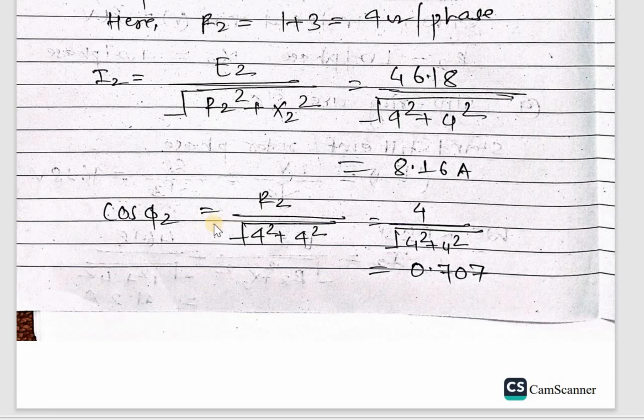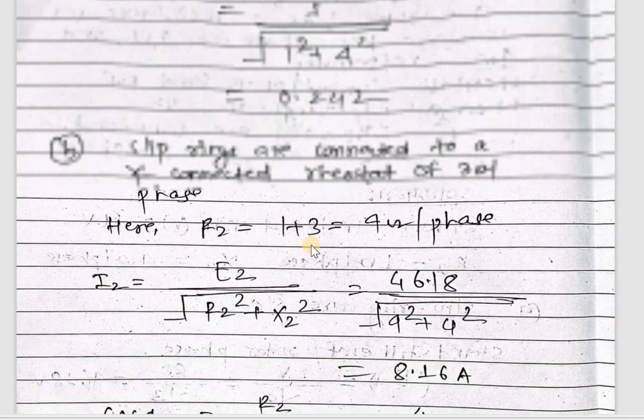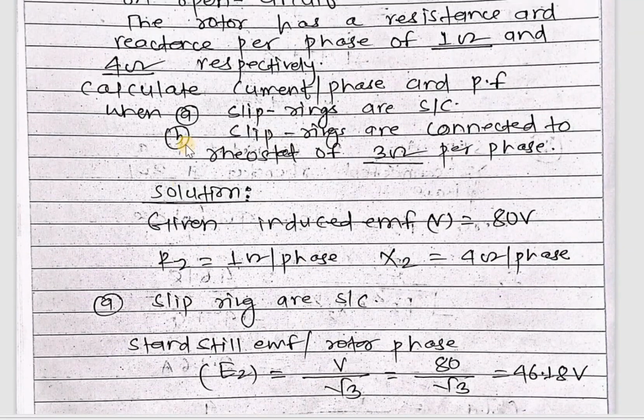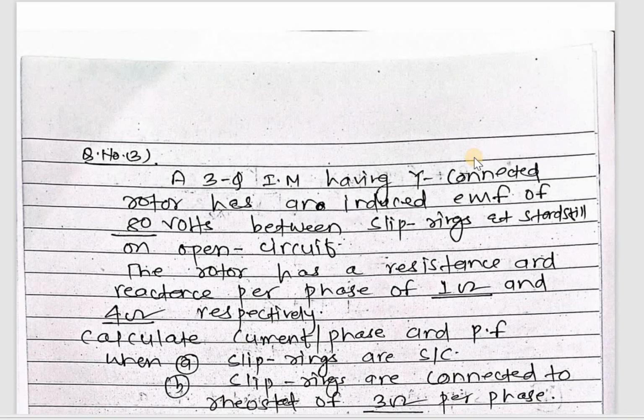And similarly for power factor cos phi, that is R2 upon root under R2 square plus X2 square. So put the value of R2, then we can get cos phi. In both conditions, slip rings short circuited and slip rings connected to resistors of 3 ohms, we can get the value of current per phase and power factor.